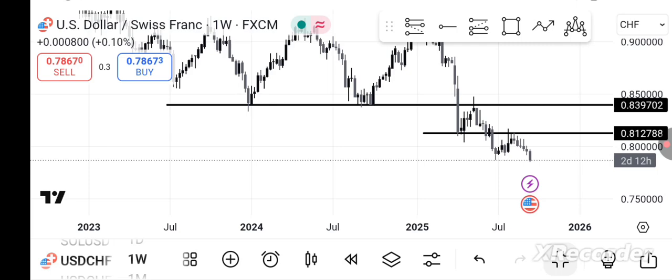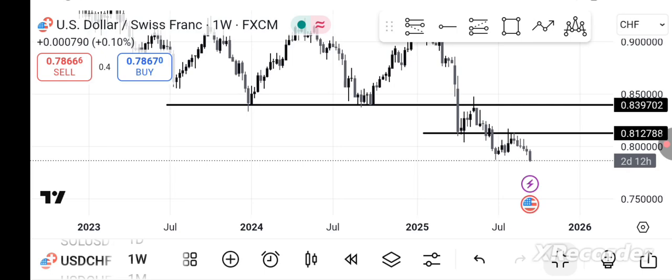If the two higher time frames are in the same direction, I'm going all in. Let's say my weekly is bearish, like right now, and my daily is also bearish. I'm going all in to sell.